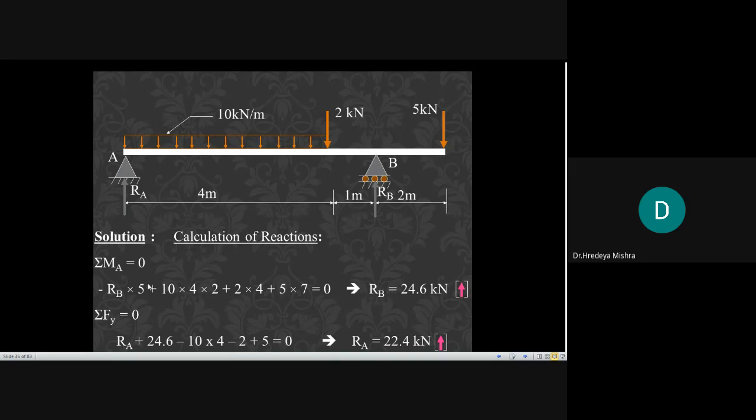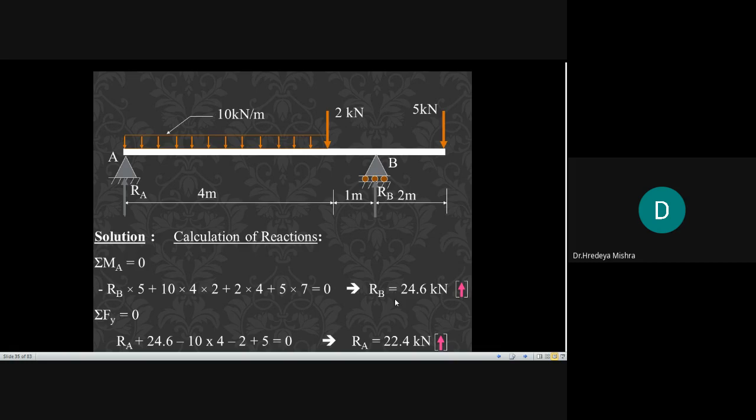So RB into 5, total length is 5, plus 10 into 4. This value is 10 and length is 4. Okay, plus 2 into 4, okay, this value, and 5 into 7. Okay, so here we get the RB value.